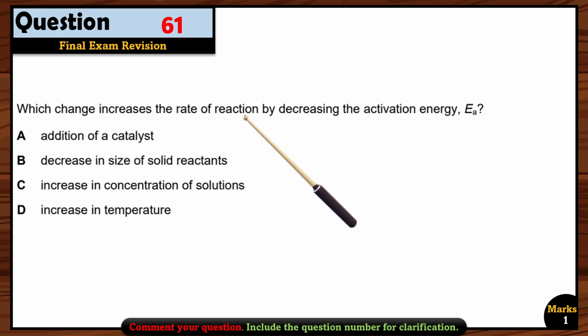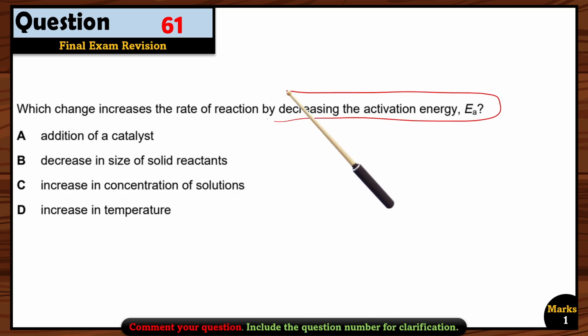Which change increases the rate of reaction by decreasing the activation energy? So now they are asking about activation energy. They are not asking about the simple energy or the kinetic energy. So activation energy is always decreased by adding a catalyst. Activation energy is not the energy of the particles. It is actually the energy of the reaction system.